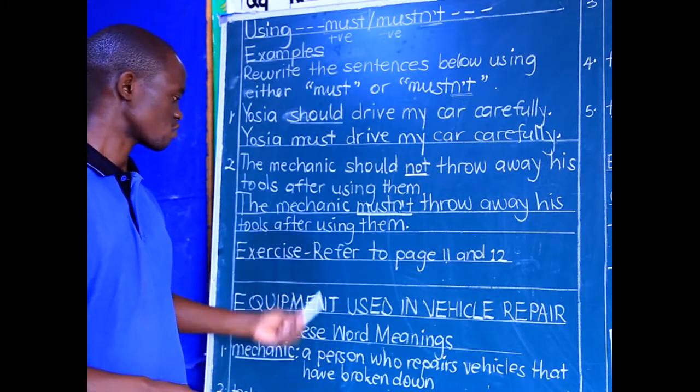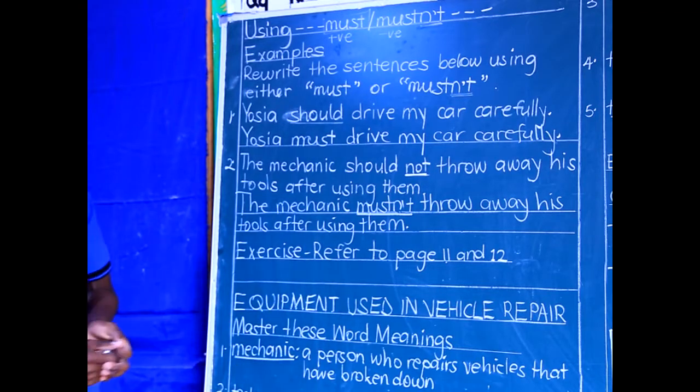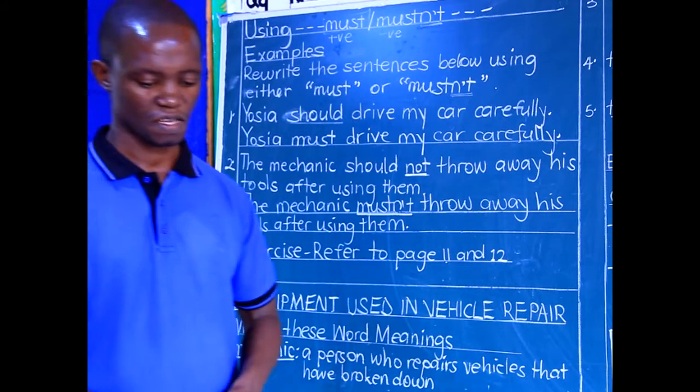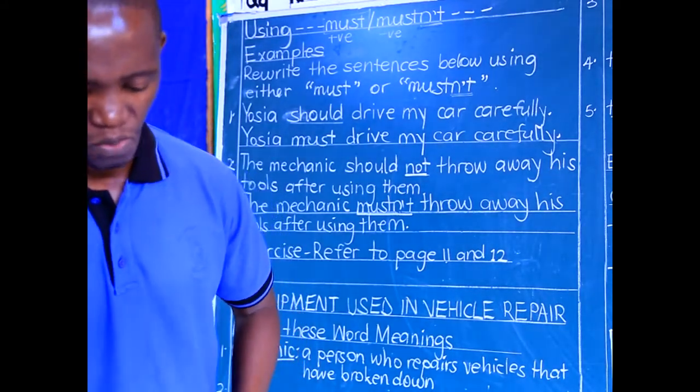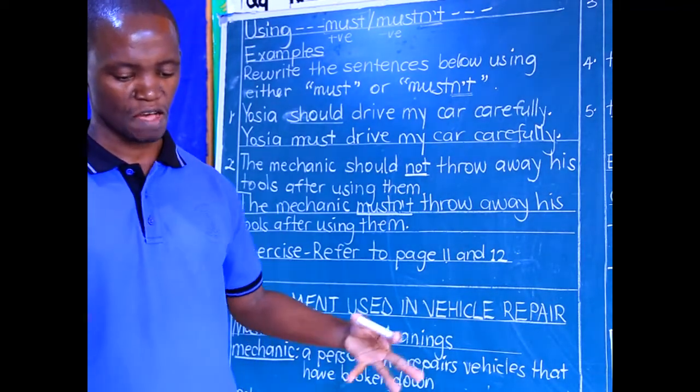So we are talking about equipment used in vehicle repair, tools used in vehicle repair. This is a new subtopic which also requires you to master the vocabulary in it. We have a lot of new words about it, and they are in your booklet.